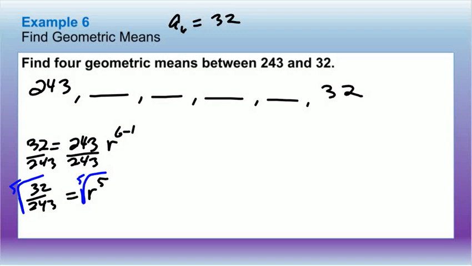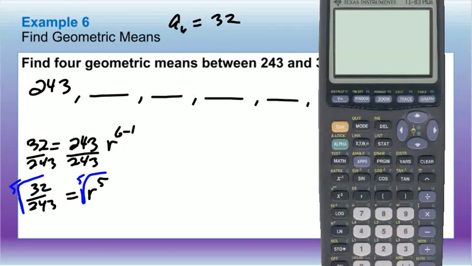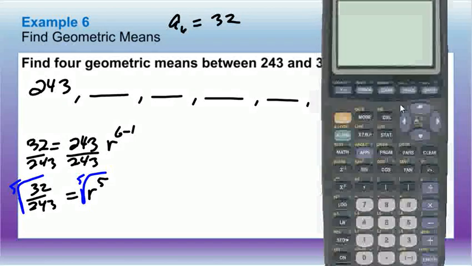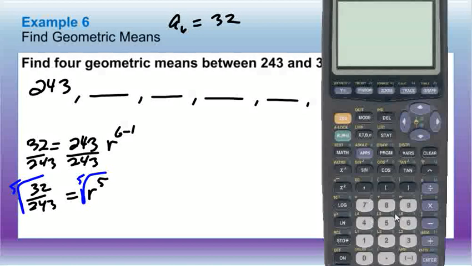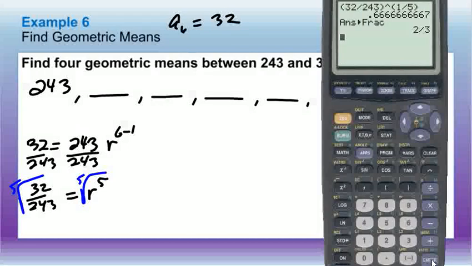So on the calculator, in parentheses 32 divided by 243, in parentheses, I'm going to raise this to the 1/5 power, which just means the 5th root. Hit enter and change that to a fraction, and we get 2/3. So the common ratio is 2/3.